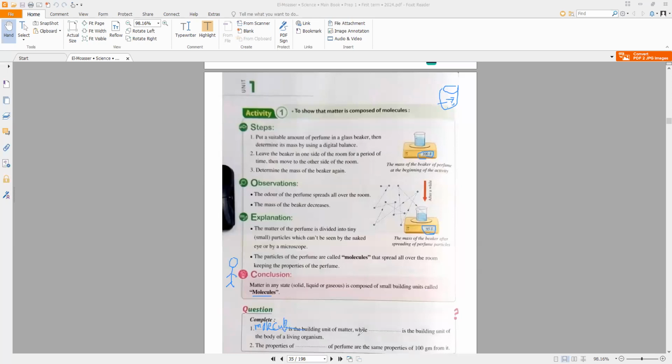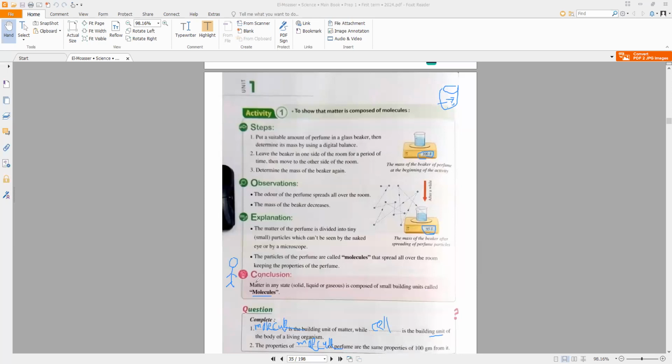Number two, what is the building unit of the body of living organisms, the smallest part of the body of living organisms? It is the cell. The properties of one molecule of perfume are the same properties of 100 gram from it.